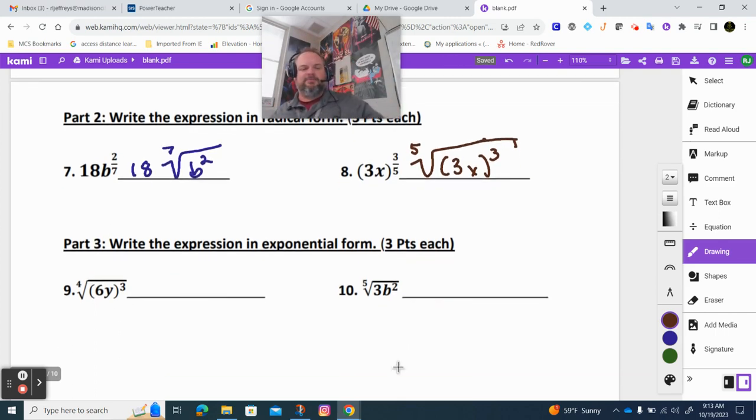All right. And in reverse, this is... the root is 4, so it goes on the bottom. Power is 3, goes on top.